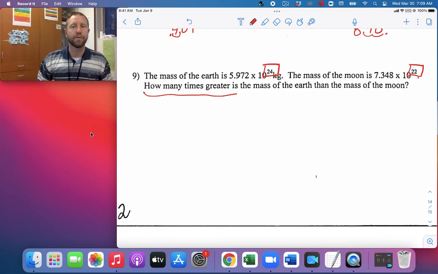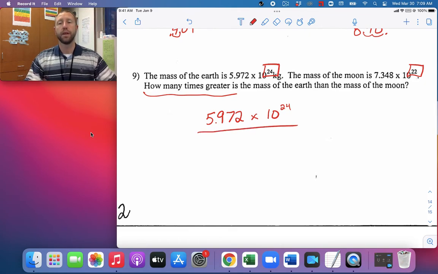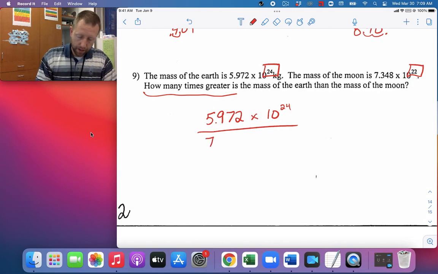It says how many times greater is the mass of the Earth? So that has to go first. 5.972 times 10 to the 24th divided by the mass of the moon, 7.348 times 10 to the 22nd.